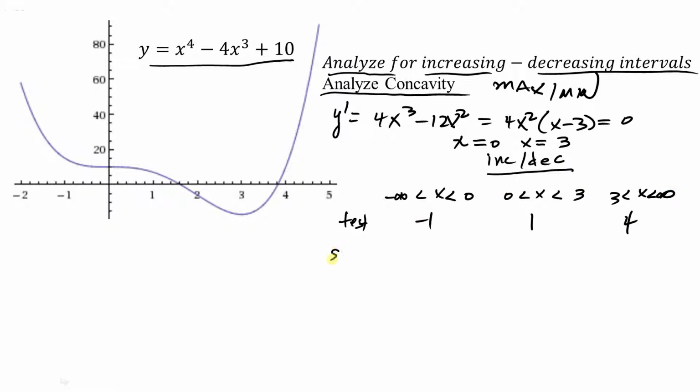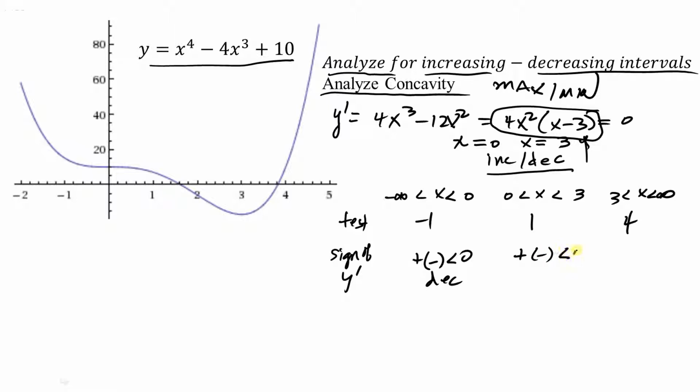And now we'll look at the sign of y prime. Notice y prime is this function, and if we plug in minus 1, we get a plus times a minus. So that's less than 0, so it is decreasing. If we plug in 1, we get a plus and a minus.